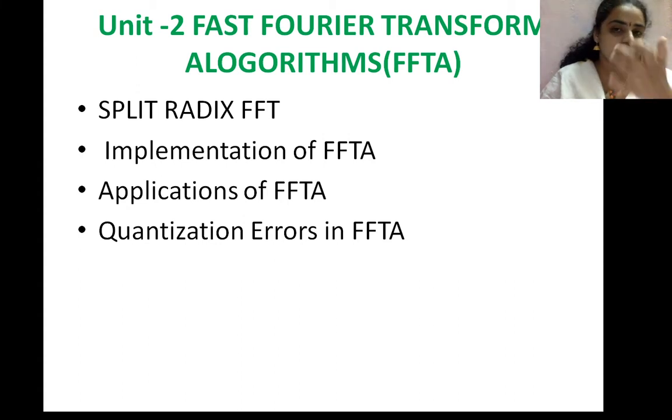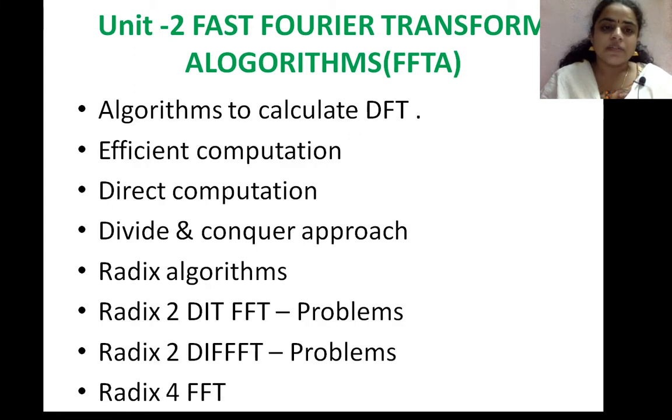Next, the applications of these fast Fourier transform algorithms, how we are going to implement them, and what are the quantization errors that are present in our fast Fourier transform algorithms. These are all the topics that we are going to cover in our second unit.